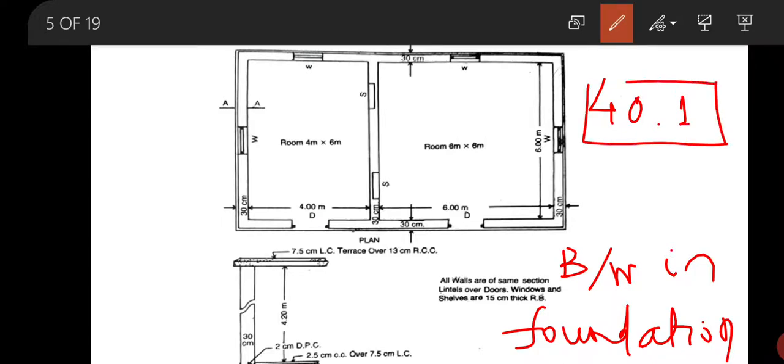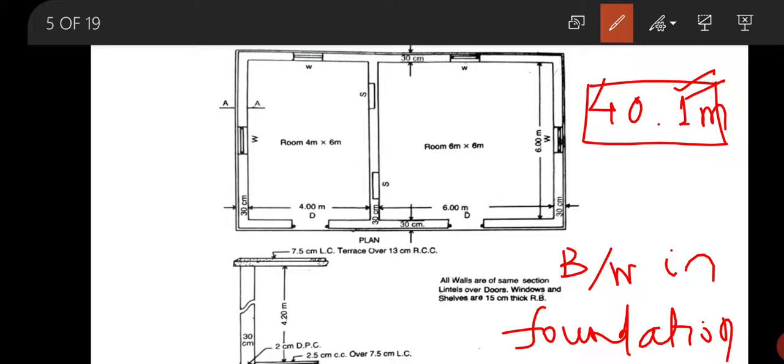The total center to center length of the building, which is equal to 40.10 meter, will remain same for all items of work. So for first footing also we will consider this length, that is 40.10 meter.